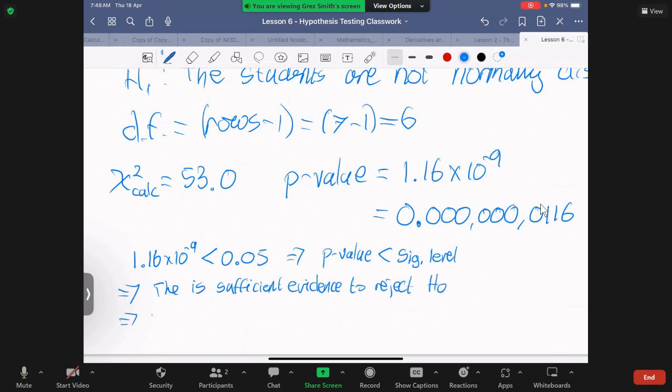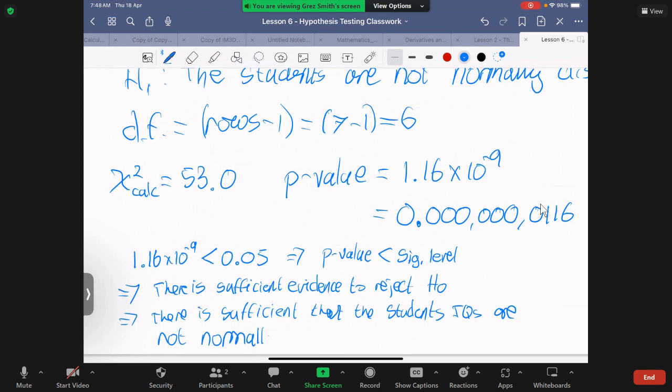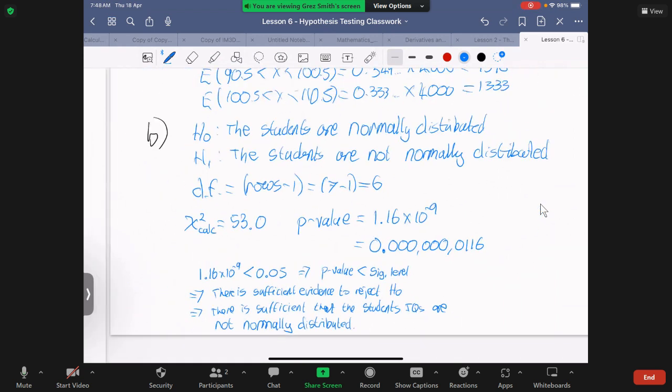So there is sufficient evidence that the students' IQs are not normally distributed. Okay, that's how to answer this question.